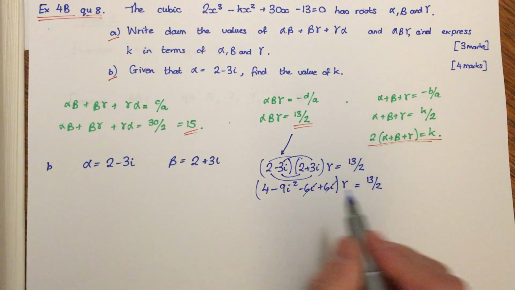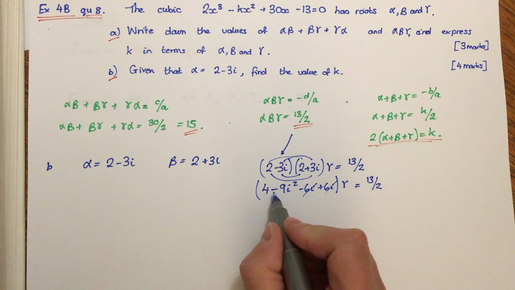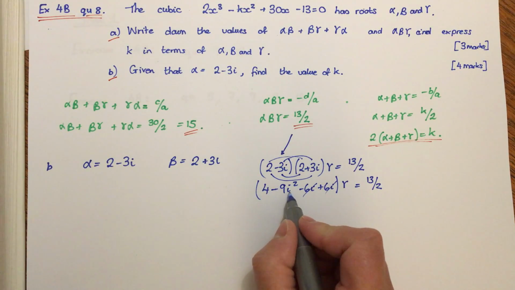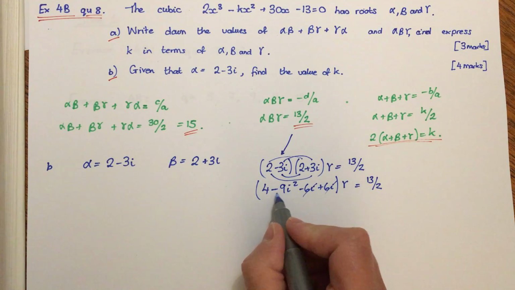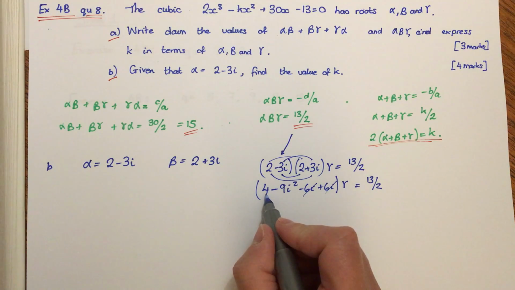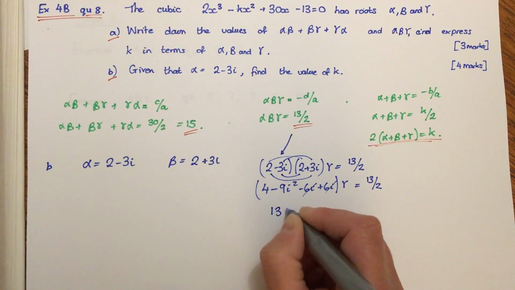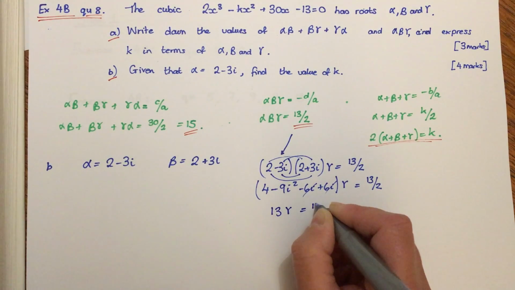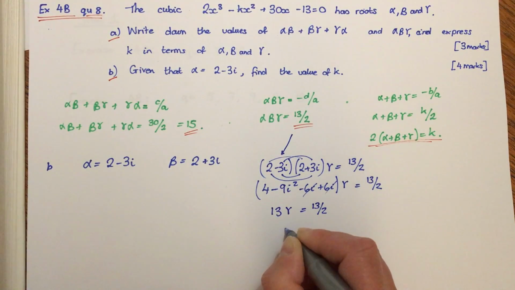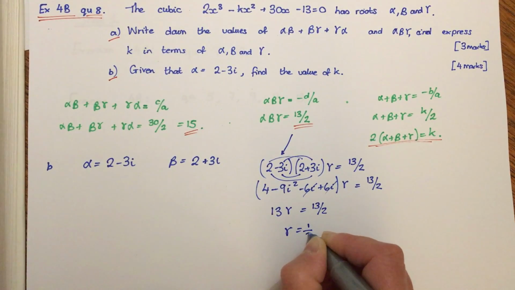So those two cancel out. i squared is minus 1, so minus 9 times minus 1 is plus 9. 9 plus 4, 13. So 13 gamma equals 13 over 2, which means gamma is a half.